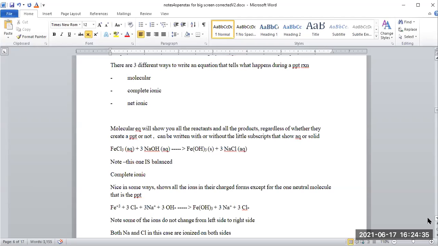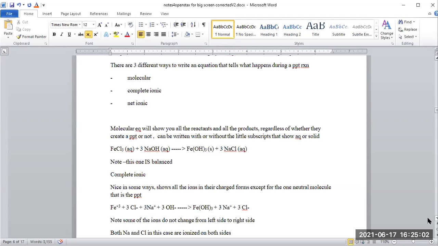So also pay attention to your coefficients here. I have one molecule of FeCl3. I have 3 of the sodium hydroxides, because otherwise I don't have enough OHs to match up with my iron atom.